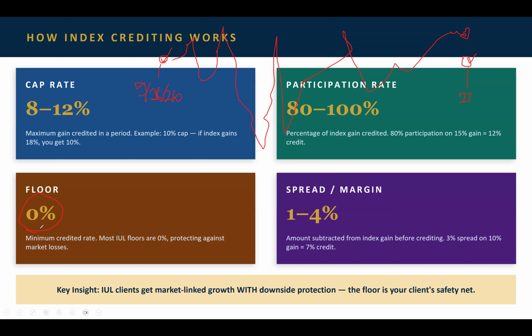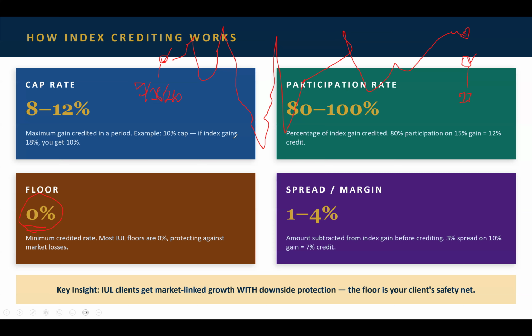You have the opportunity to not lose any money in these types of products. A lot of people will point to 2008, when the stock market crumbled in the housing market crisis and people lost like 38%. Well, if you're in a zero, you wouldn't lose anything. So that is one of the big perks they talk about with IULs: the 0% floor.